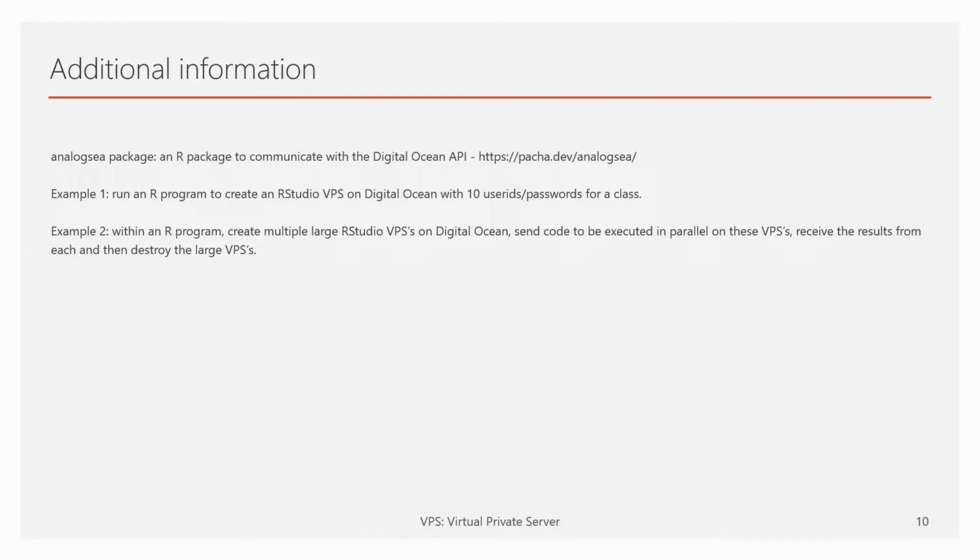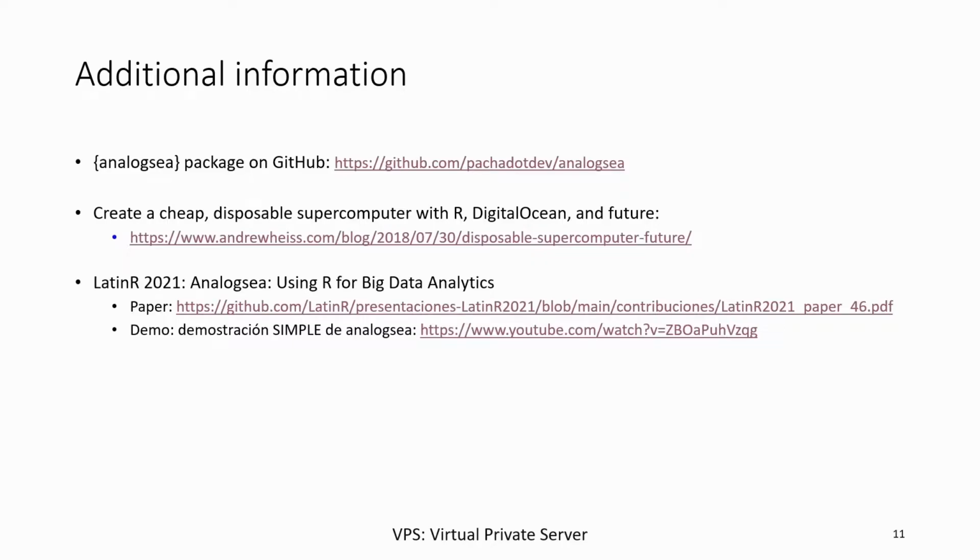Or we can run an RStudio program to create multiple large RStudio VPSs on DigitalOcean, send code to be executed in parallel on those VPSs, receive the results from each, and then destroy them. The analogsea package can be found on GitHub.